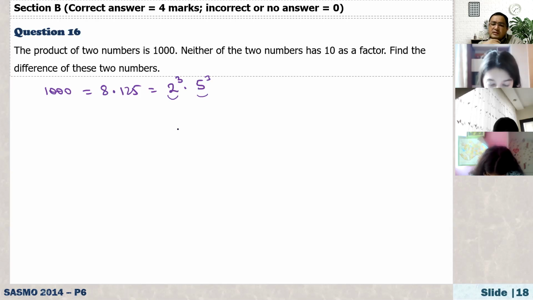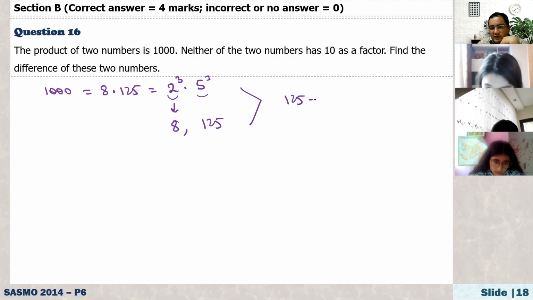Otherwise, in any other way of writing 1000 as a product of two numbers, at least one of them will be divisible by 10. So the first factor is 8 and the second is 125. The question asks for the difference, so that is 125 minus 8, which is equal to 117.